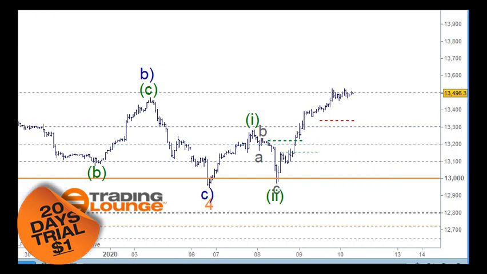There's still further to go to the upside, and we need to look at that. This is 13,500, so we're going to see a dance across here. This little pattern here is corrective, because it's overlapping wave structures. It's a little wave 4, so we're going to see a little bit more there.